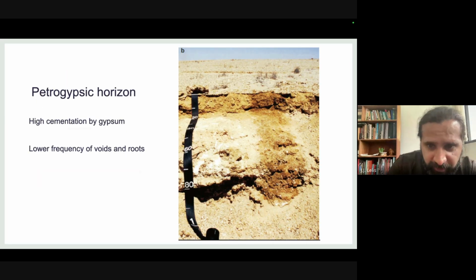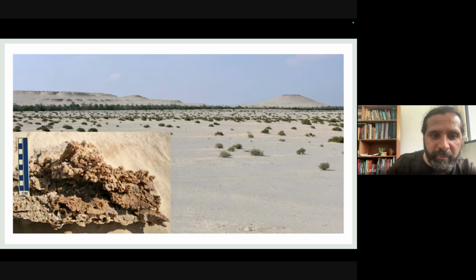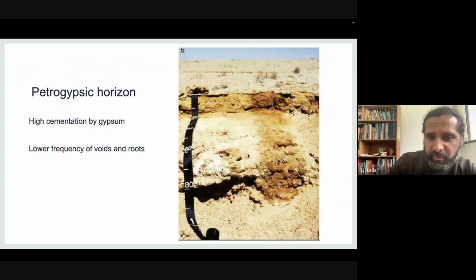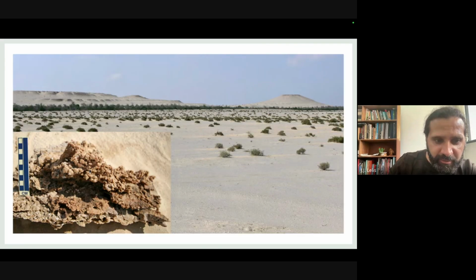The petrogypsic horizon is a strong precipitation of gypsum, and the gypsum now fills all the voids, and because of this, you have a strong cementation. This strong cementation creates a horizon that's quite hard to break. It's cemented by gypsum. You can see some photos like here and here.